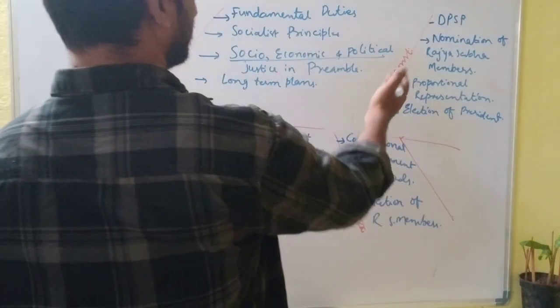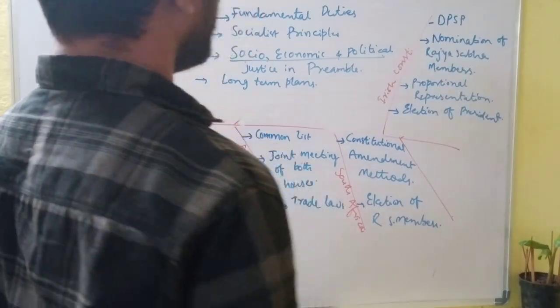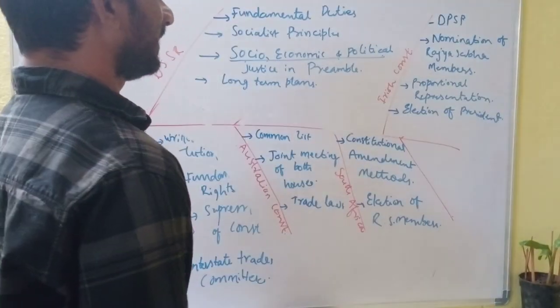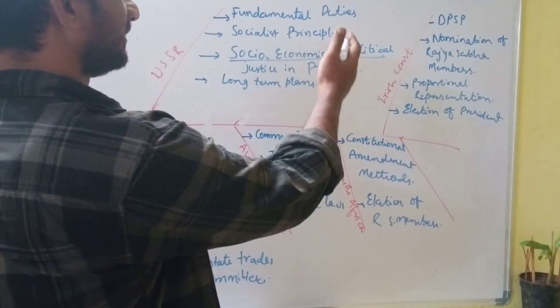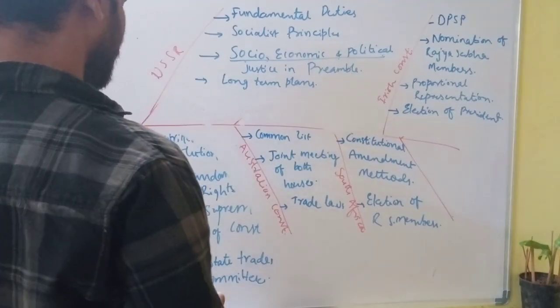So these provisions are DPSP, nomination of Rajya Sabha members, proportional representation, election of president. These provisions are taken from Irish constitution.